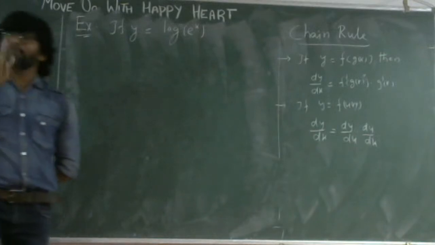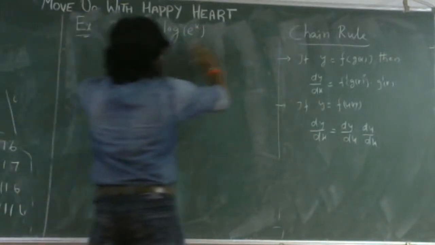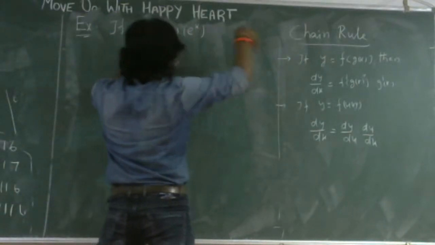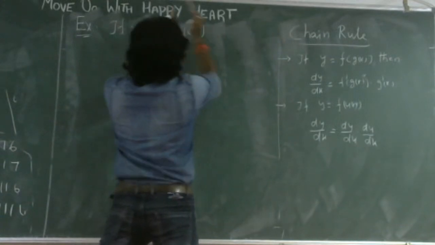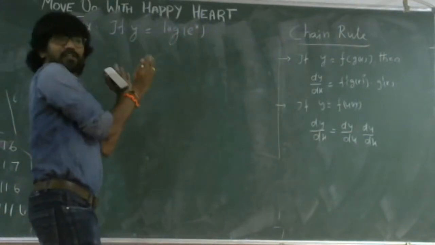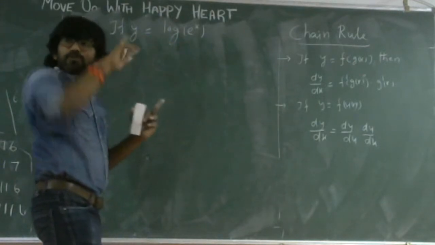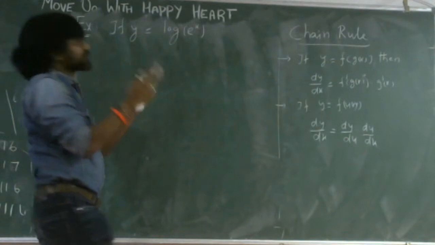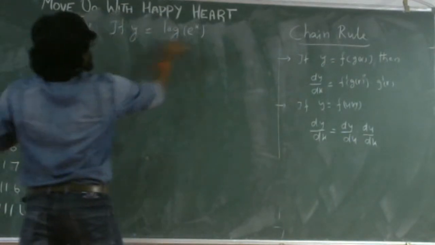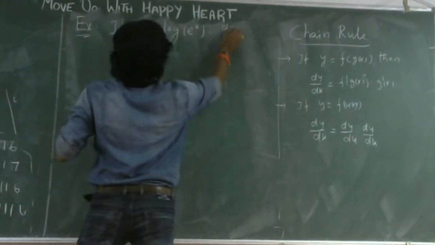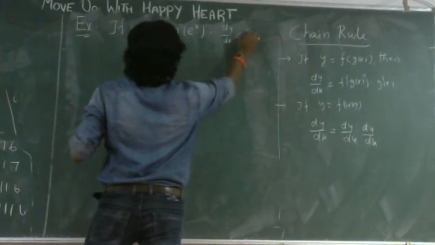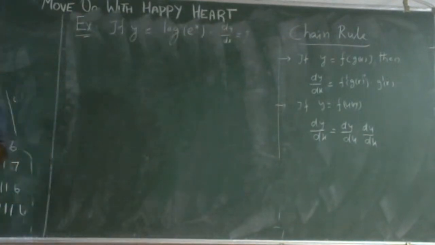So this is similar to what? One function of another function of x. The first function is the logarithmic function. The second function is the exponential function. Two functions are there. Is it clear? In such a case, find dy by dx. What is dy by dx is the question.